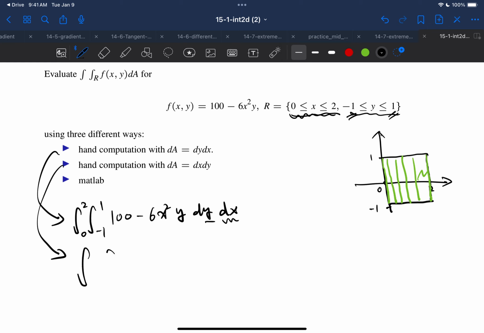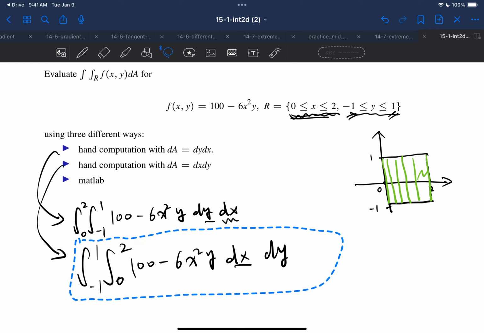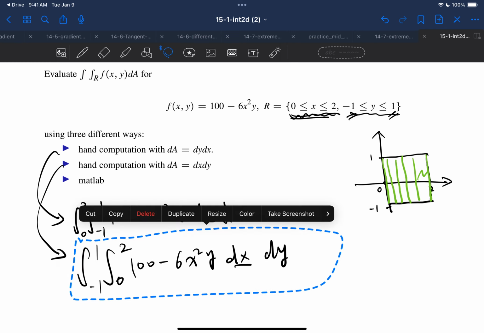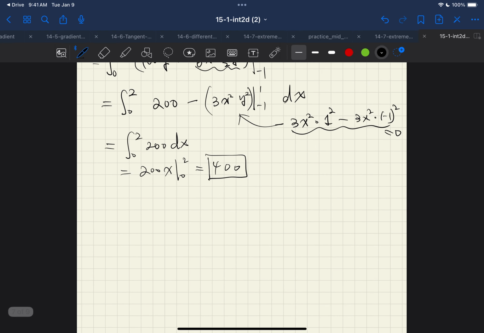So when I do 100 minus 6x squared y, if I go dx dy, then for dx it's changing from 0 to 2, and for dy it's changing from -1 to 1. That gives a different computation, but at the end we should have the same number, 400.